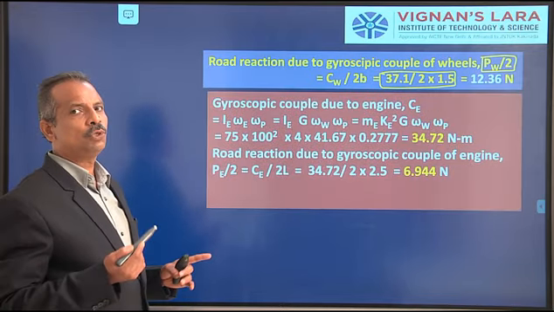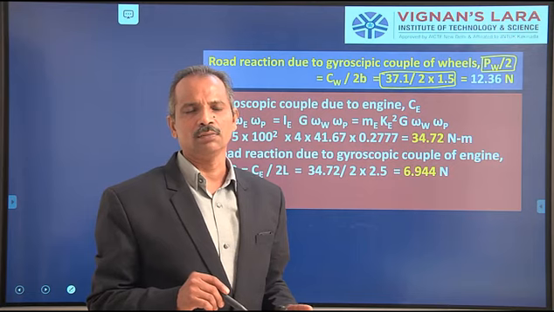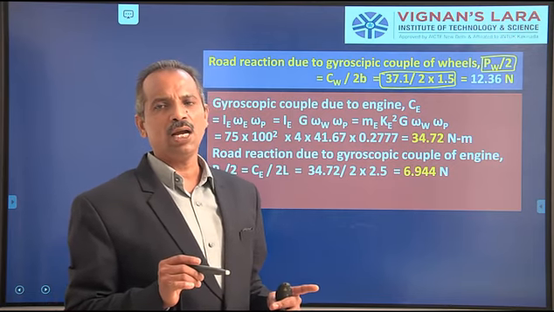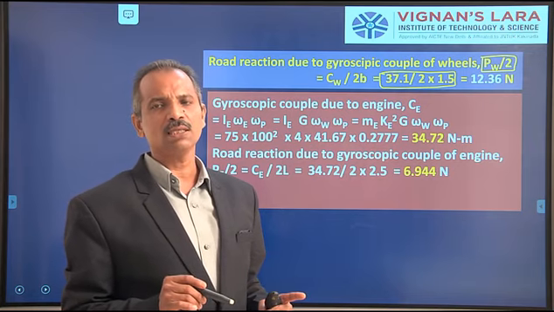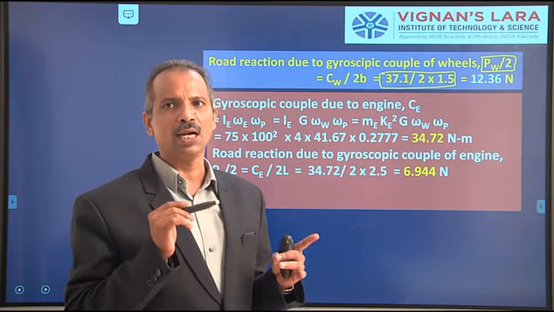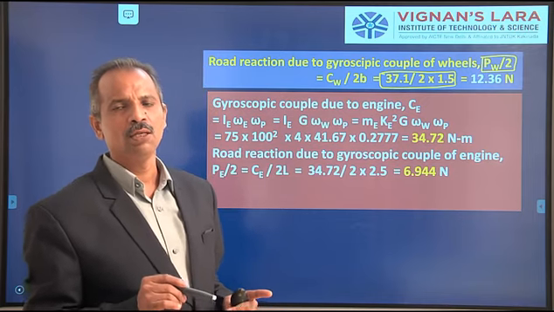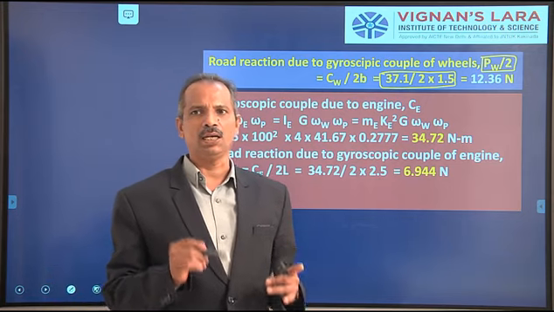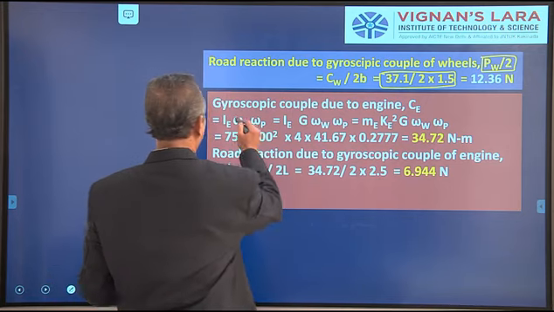Then similarly, coming to the engine part, the formula is the same, that is I omega, omega p. In that case, we write IE, omega E, omega p, where omega E is equal to G times omega W. That is what I have written here.